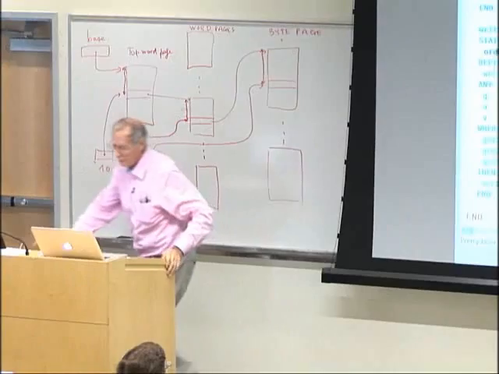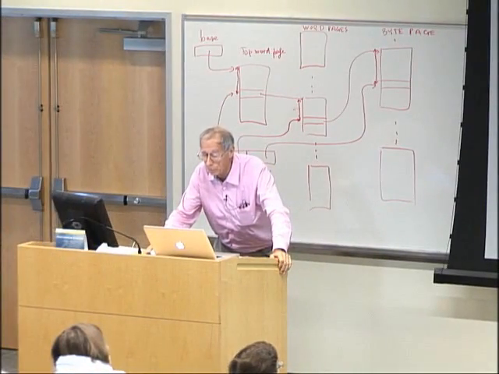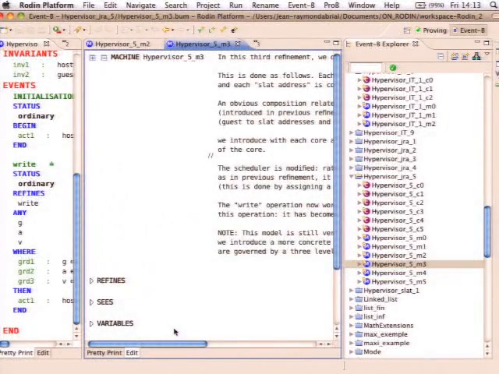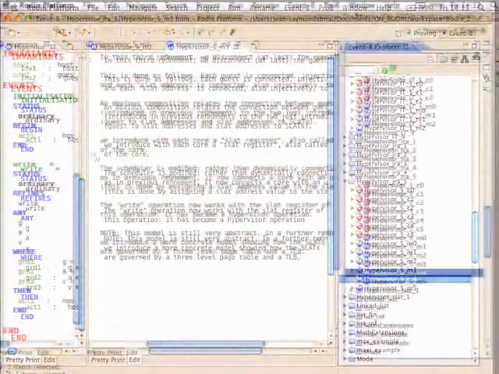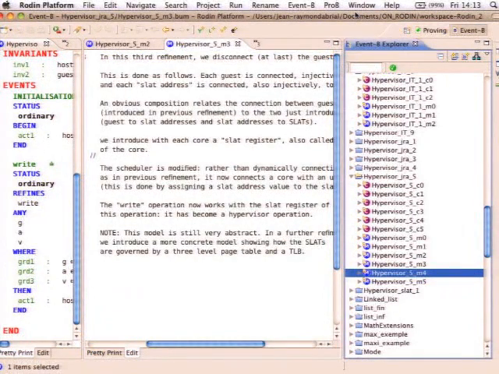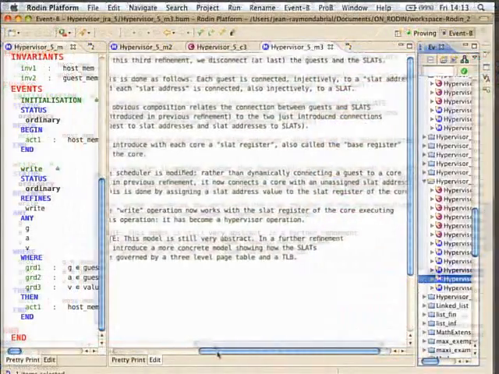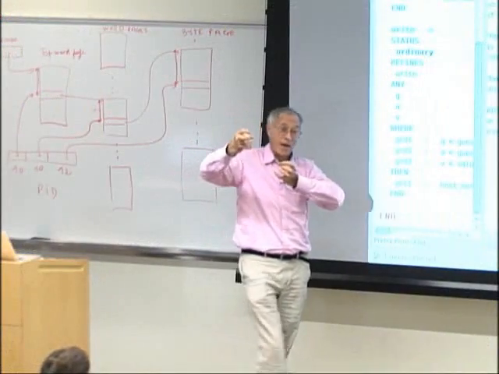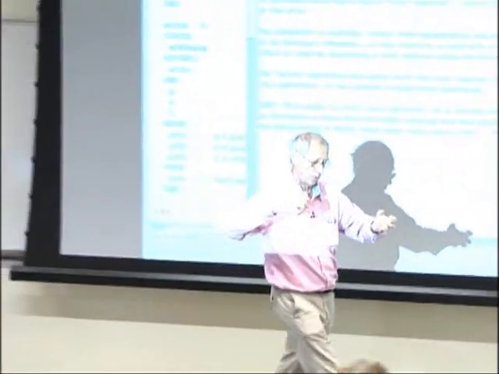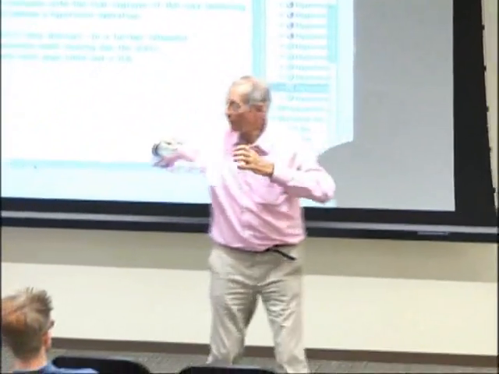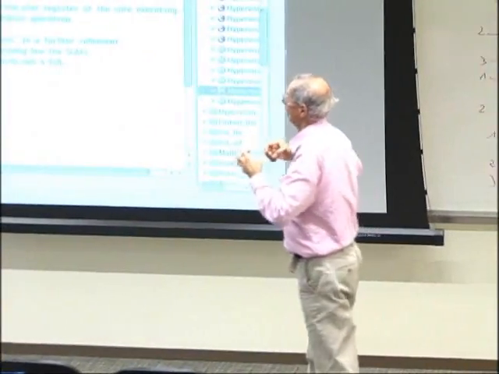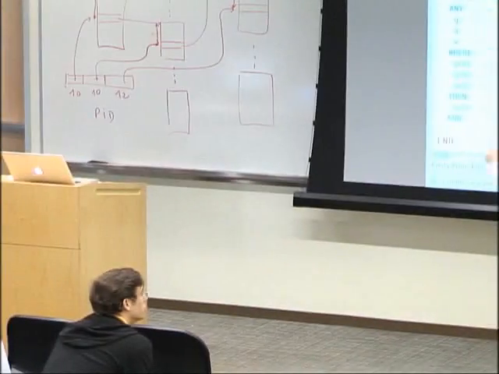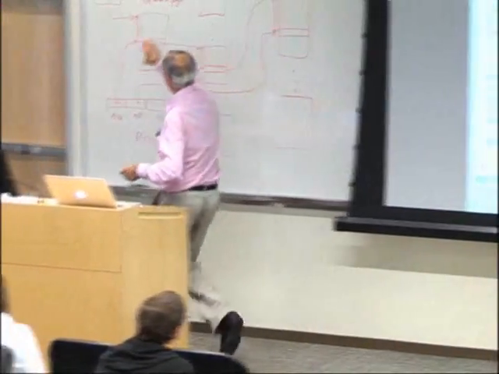And now we go to M3. So M3 is doing the following. In this third refinement, we are going now to disconnect the guest from the slat. Before we had a direct connection between the guest and the slat, and now we are going to introduce this notion, this base address here.